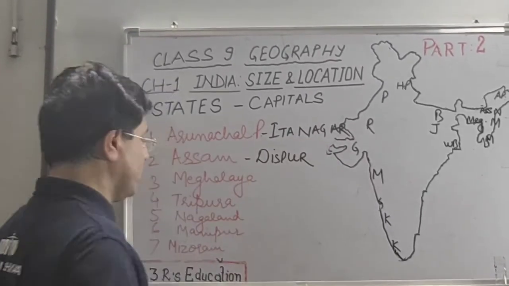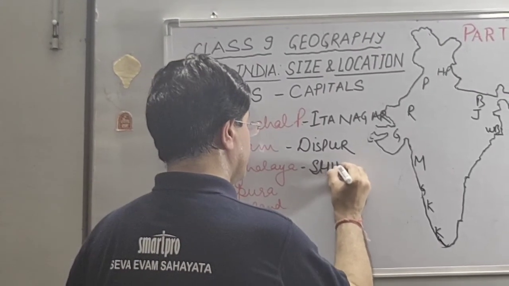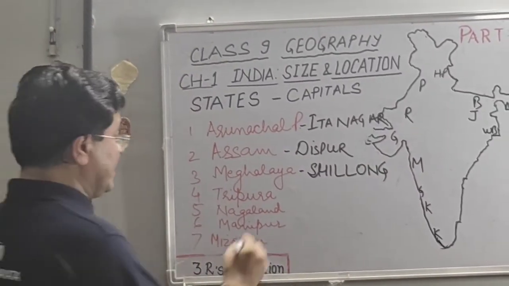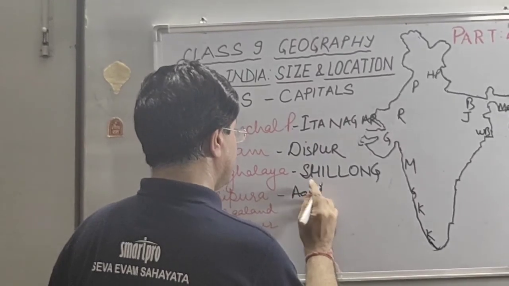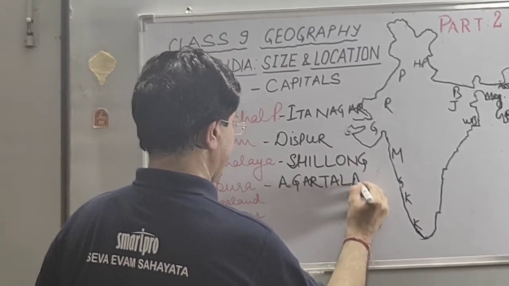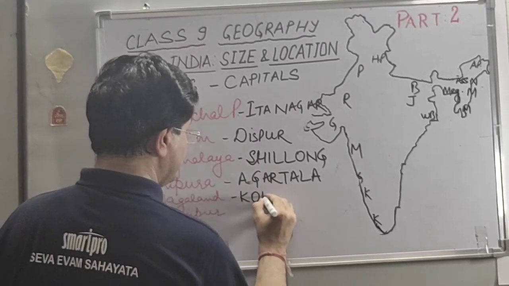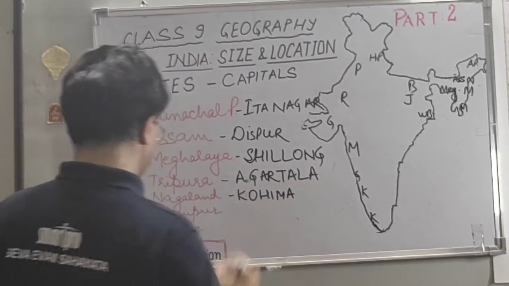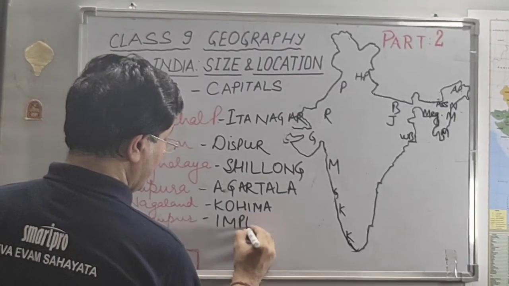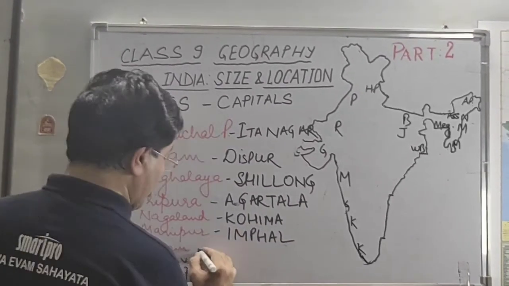Meghalaya's capital is Shillong. Tripura's capital is Agartala. Nagaland's capital is Kohima. Manipur's capital is Imphal. Mizoram's capital is Aizawl.